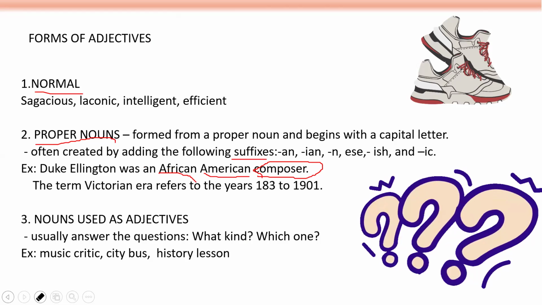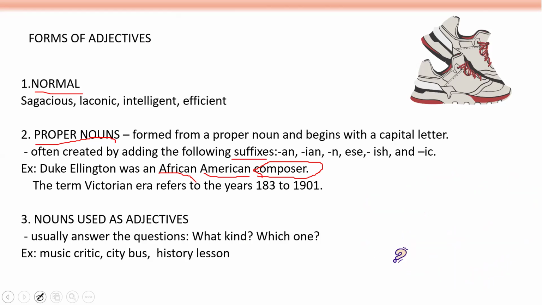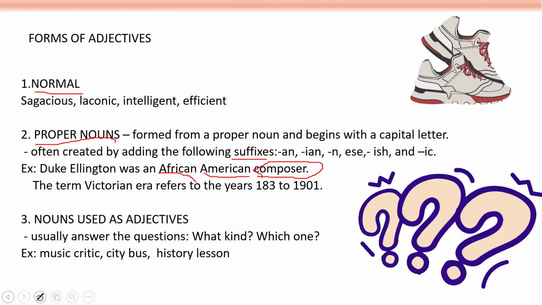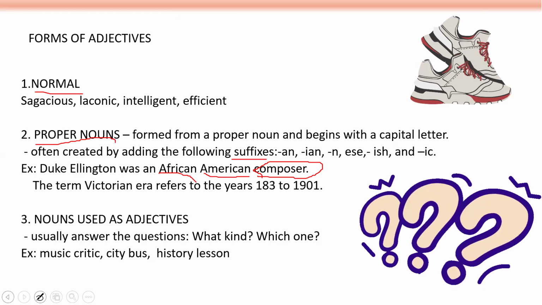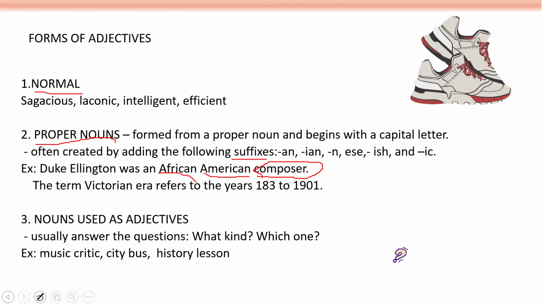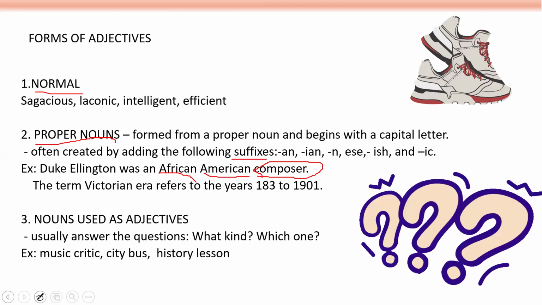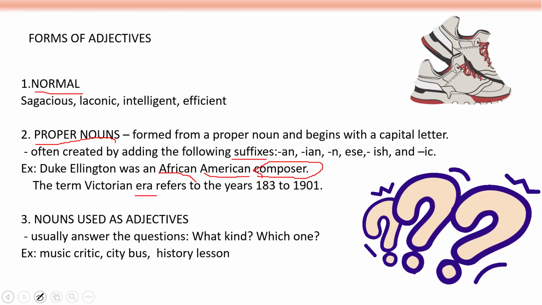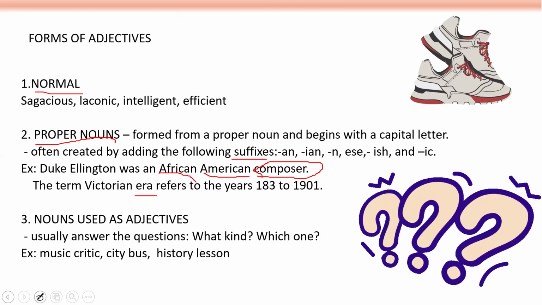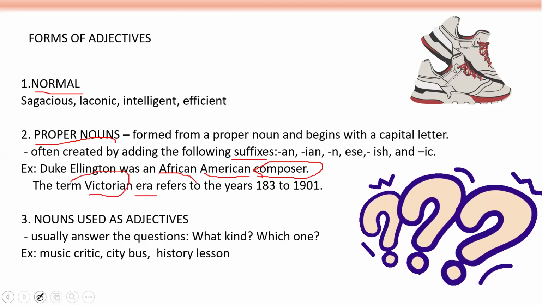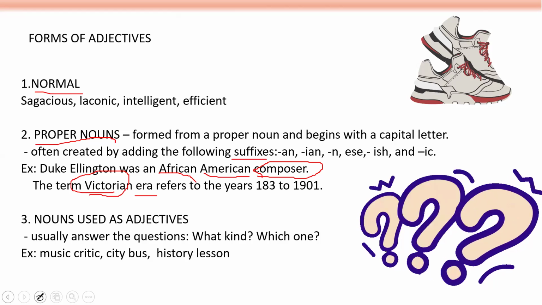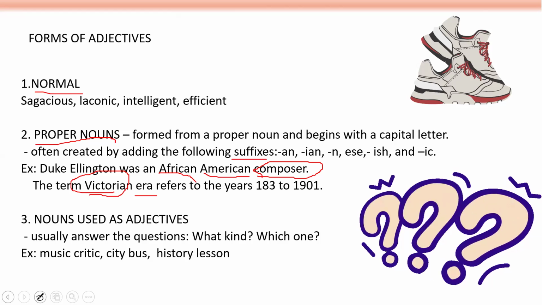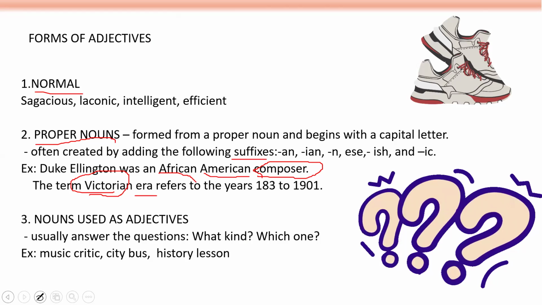Another example is the term Victorian era, which refers to the years 1835 to 1901. All right? So, what kind of era did it refer to? Victorian. Although it's a proper noun, it functions as an adjective.